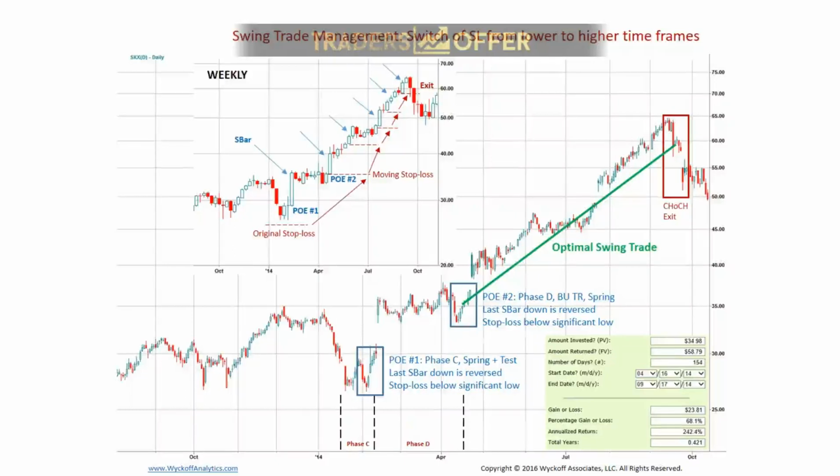your exit, if you're correct in the trend definition and in the up movement of the stock, is going to be on the weekly.